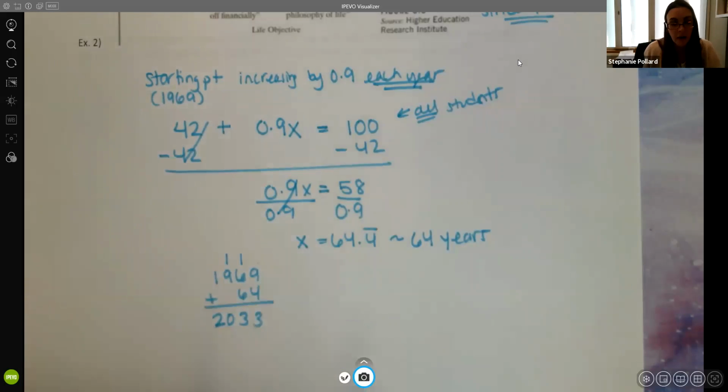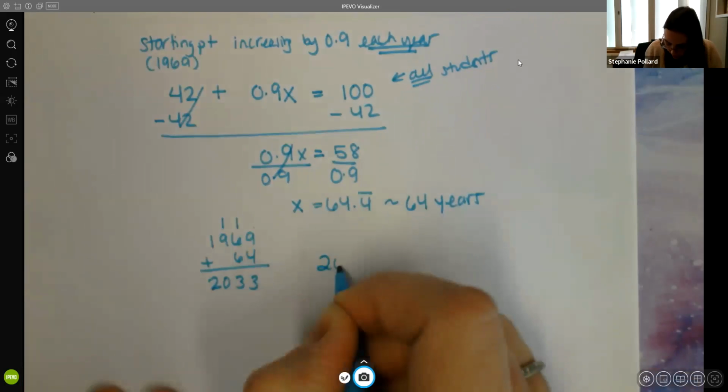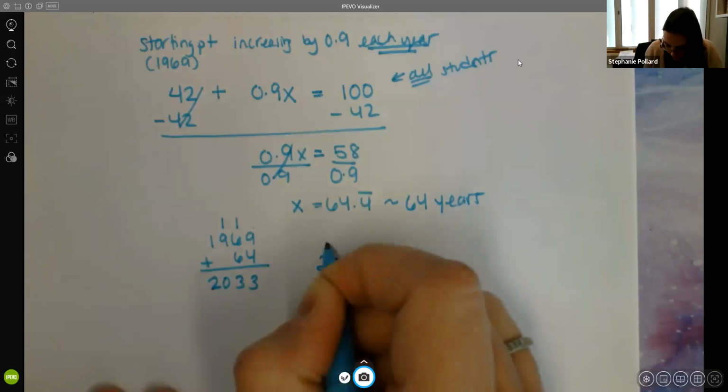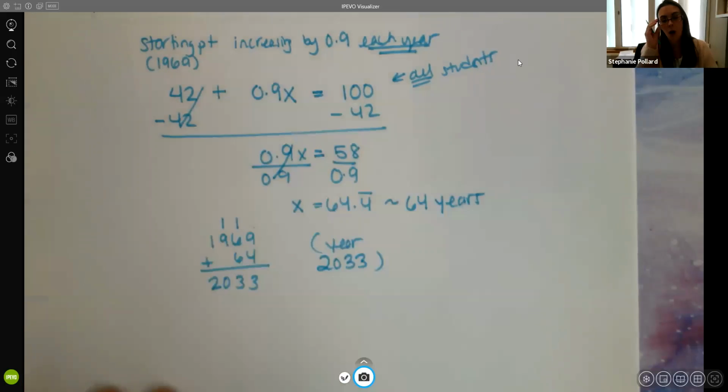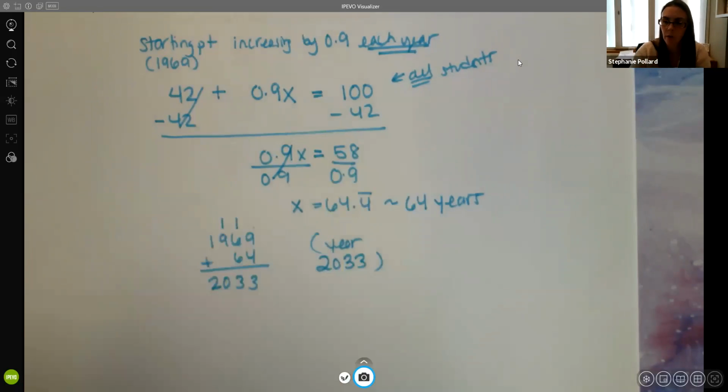So using the current trends, it seems that in the year 2033, all students will consider being well off financially as essential or very important. And again, this is based on current trends, right? So one thing we do have to be careful about when we're modeling our data is making sure we don't go too far beyond our initial data range.